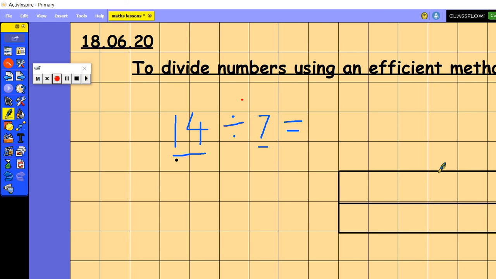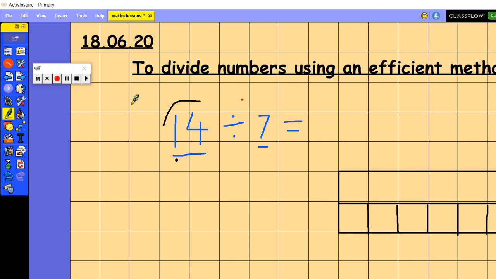That is how we draw our bar model. And then with freehand, we will just section it off into 7 sections. And remember, just like when we are dividing and using fractions, those divisions need to be equal. Right, so I'm now set up, ready to share.